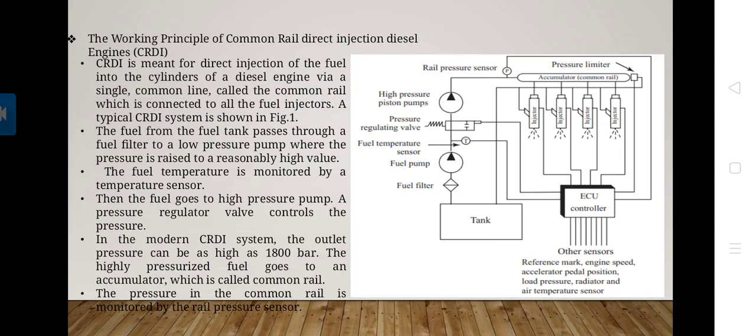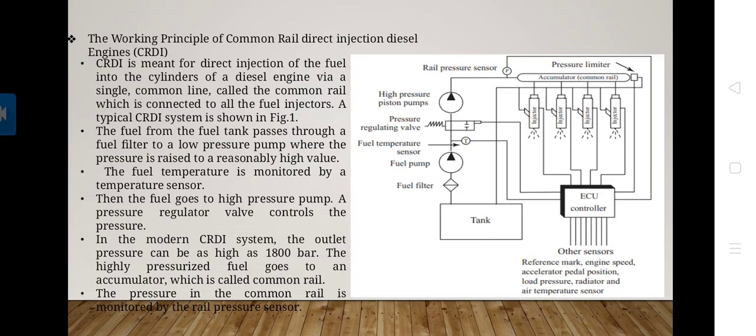Here we can see the fuel from the fuel tank passes through the fuel filter to a low pressure fuel pump, where the pressure is raised to a reasonably high value, and the fuel temperature is monitored by the temperature sensor. Then the fuel goes to the high pressure pump, where the high pressure regulator valve controls the pressure.